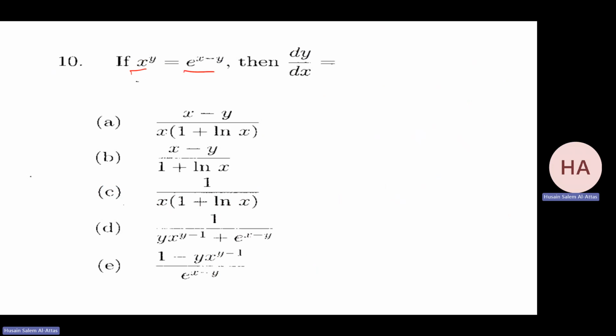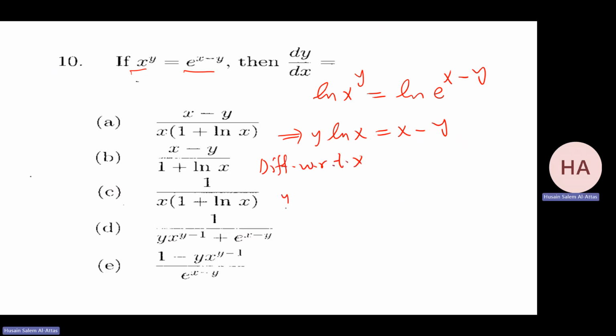This one, I need to differentiate, take ln of both sides. So I have y ln x. Let me do it in steps. I have ln of x to the power y, ln of e to the power x minus y. So I have what? y ln x equal x minus y. Now differentiate with respect to x.